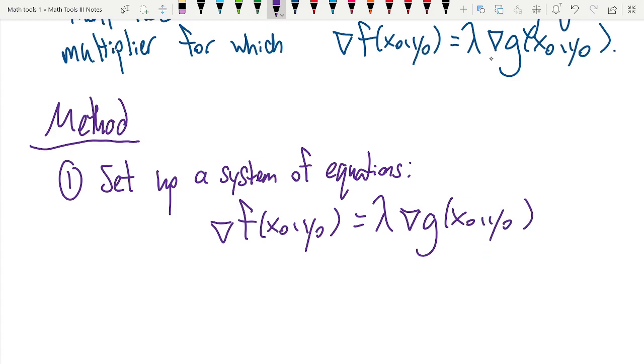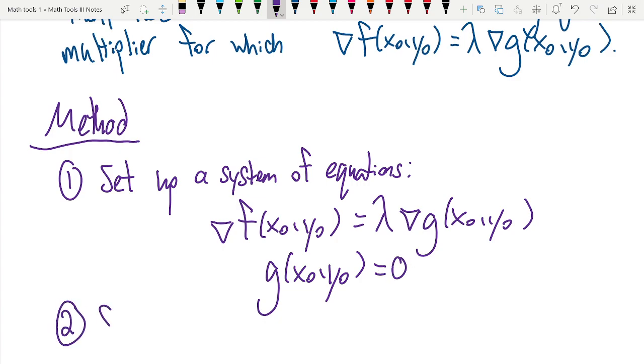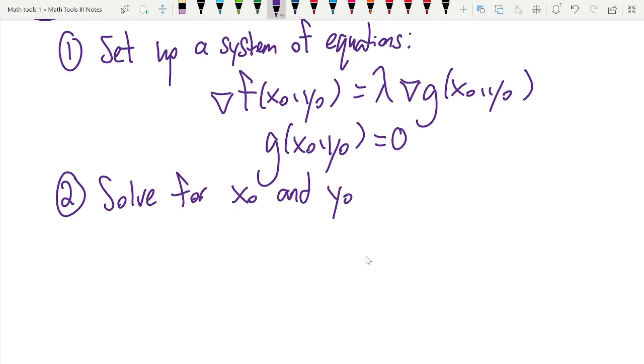So that equation that we just had up here. And then we also know that this is true, right? This is the given constraint. Using this, we want to solve for x0 and y0. Okay, so we'll look at an example, of course, and we'll see that this system of equations should let us solve for those points.